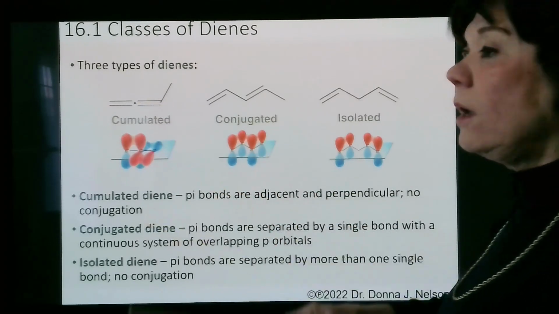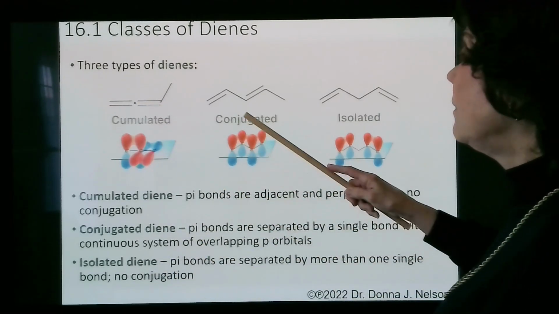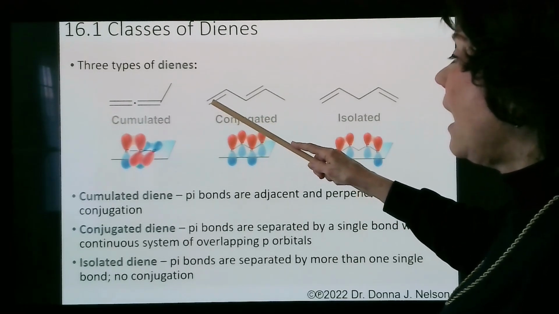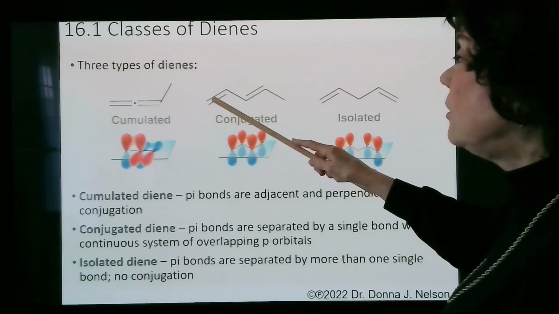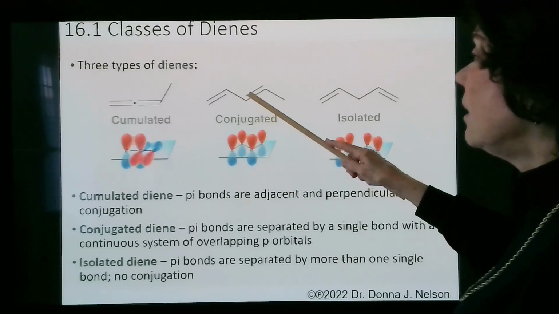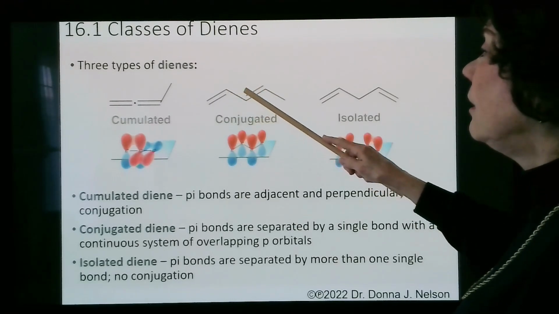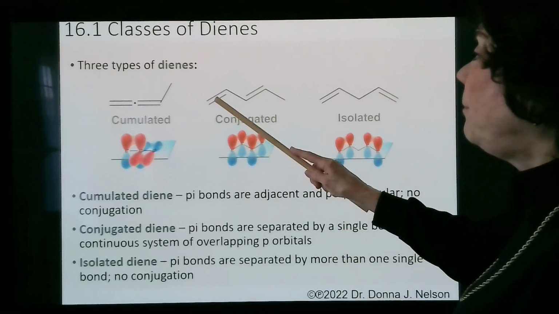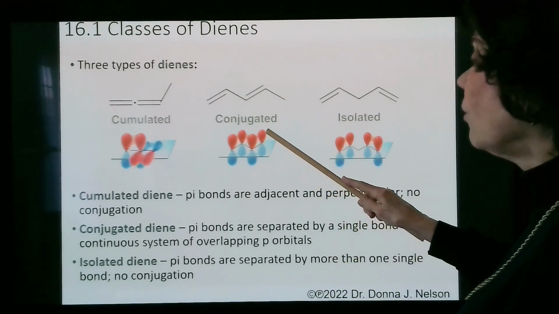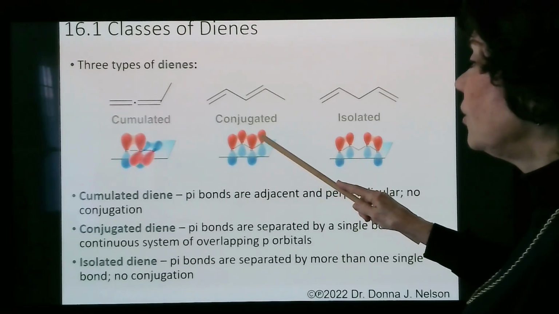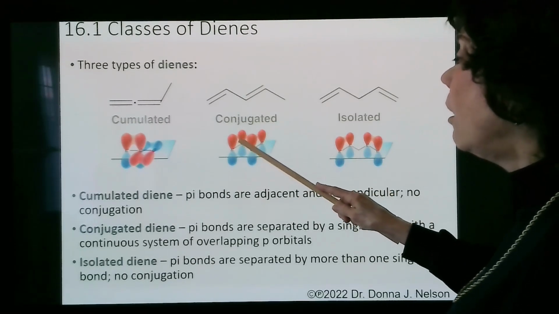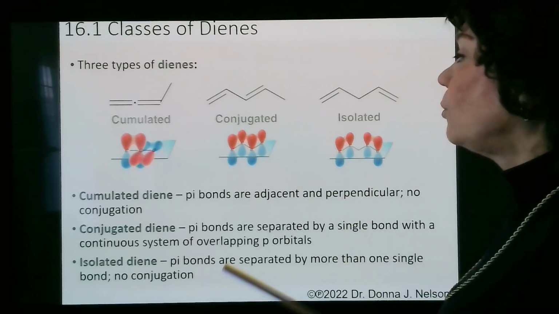The one that is most common will be the conjugated ones, and in this case, you have sp2 hybridized carbons adjacent to each other in a line, and the p orbitals are all overlapping, as you can see here. And so these are said to be conjugated. These p orbitals overlap and interact with each other.